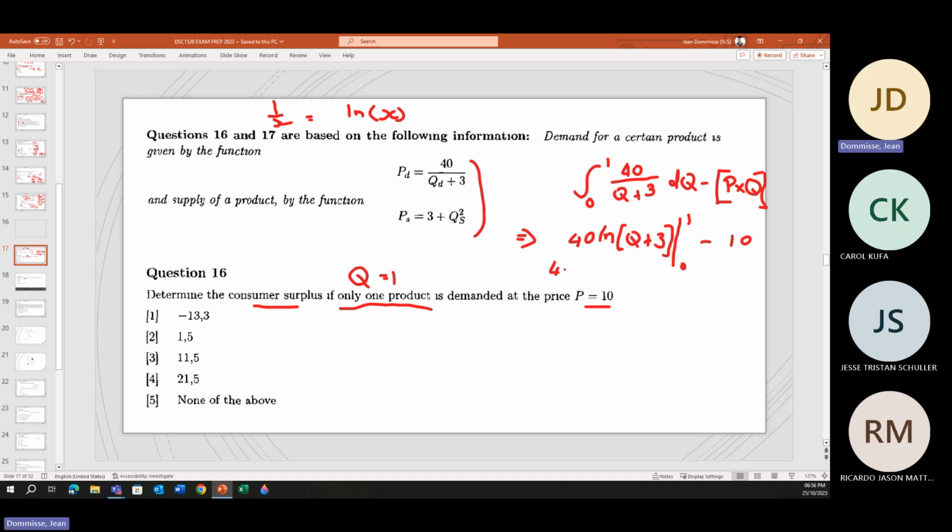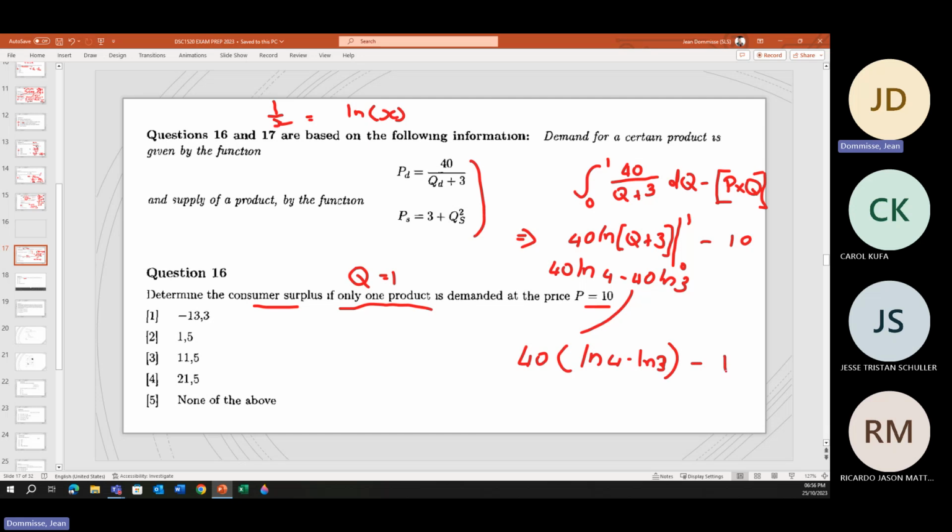So now the first formula will be 40 ln of 4, because it will be 1 plus 3, and then minus 40 ln 3. So we make that simpler. Let's take out the 40 because it's in both. And then just say ln 4 minus ln 3.